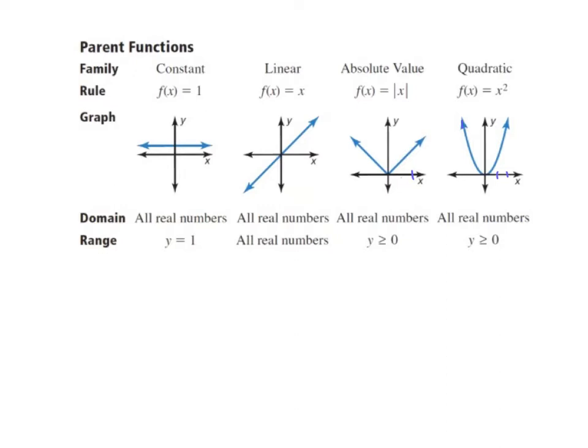Let's say I want my graph to transform by moving up or left. Here's how you do it. I'm going to use the quadratic one because I think it's easier to see. Let's say I want to move my graph up by 1. Well, what does that do to the equation? It just adds 1 to it.